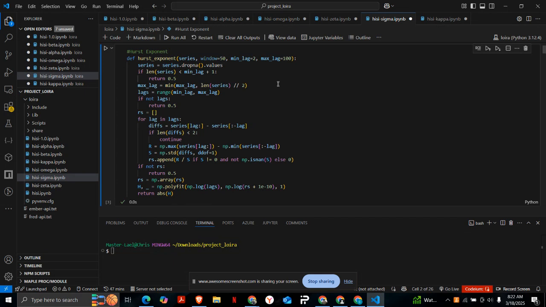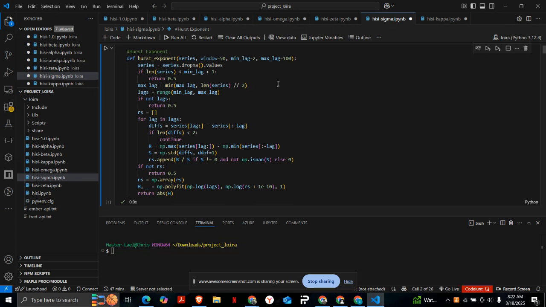If the Hurst exponent is greater than 0.5, then it suggests that the time series is persistent, that it is trending, and that the past values have an influence on the future values.